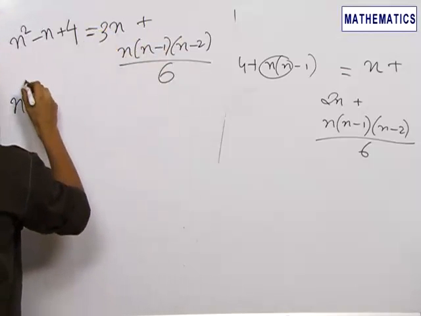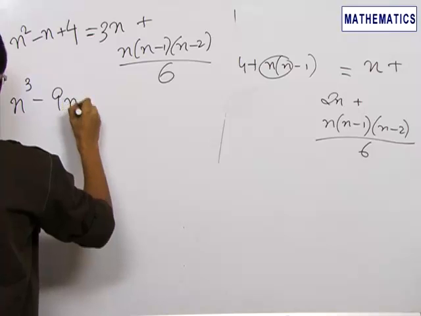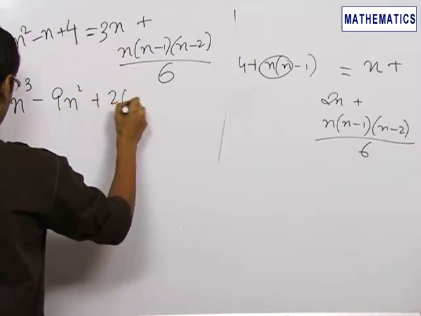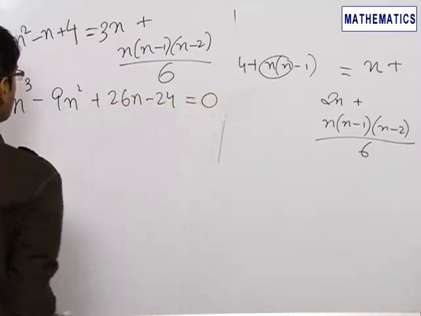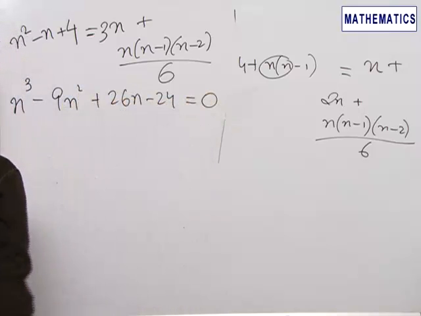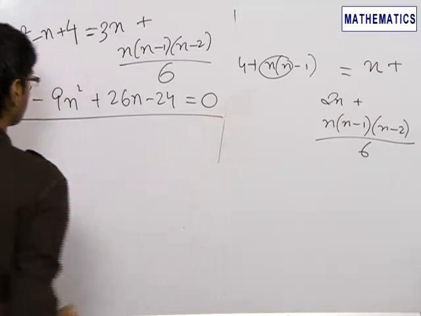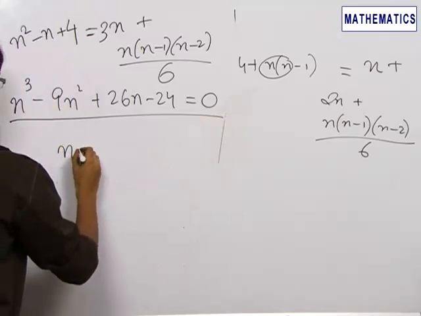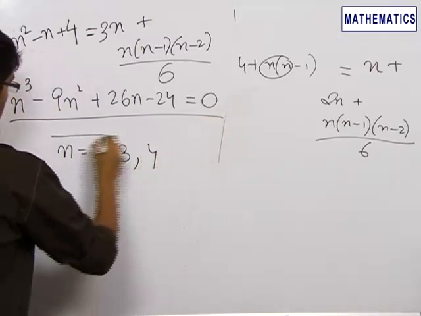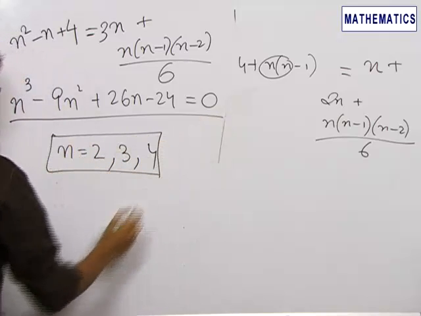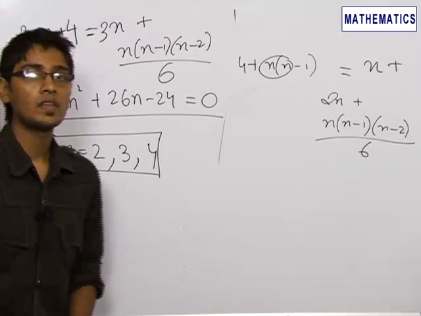On simplifying we get the cubic n³ − 9n² + 26n − 24 = 0, and on solving this cubic we get n equals 2, 3 and 4, which is our final answer.